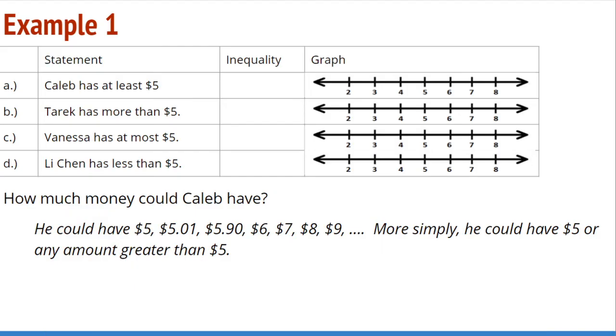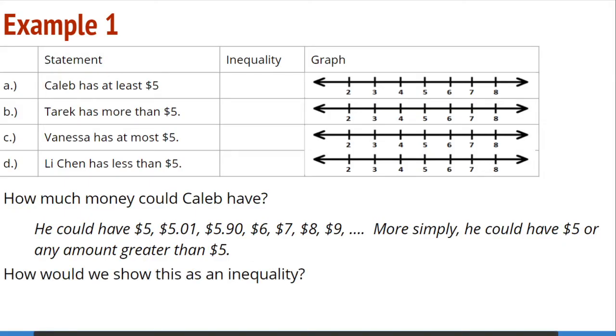More simply, he could have 5 or any amount greater than 5. So his money could be greater than or equal to 5. How would we show this as an inequality? His money is greater than or equal to 5. And of course we have a table here to put it on.